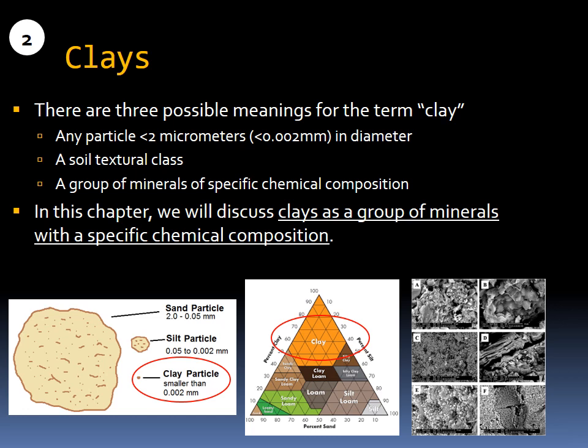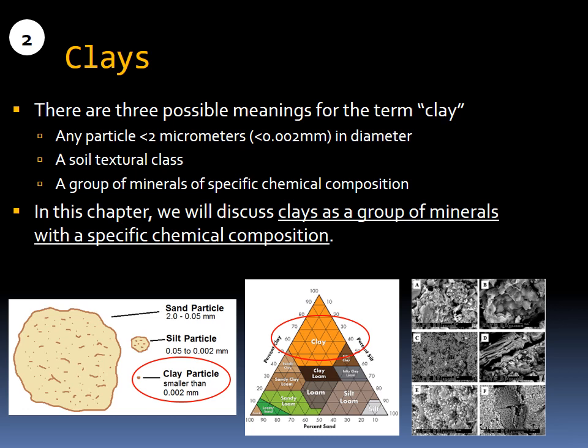So for example, look at the third picture here, A, B, C, D, E, F, and you can see different structures. I would shock you if I say that these are basically different clay minerals. Now when you focus on them, you would find that they look completely different. I mean, the structure of them is different. Some of them are like book sheets, and some of them look like sponge or are round in shape.